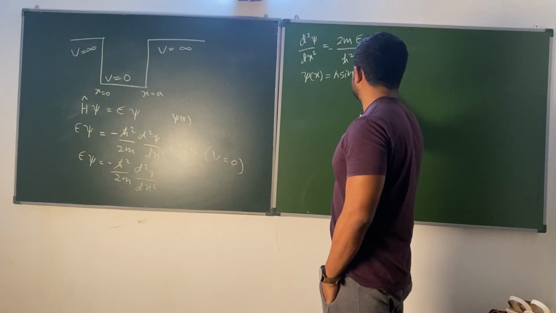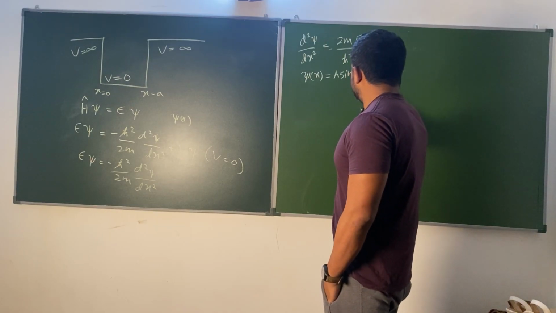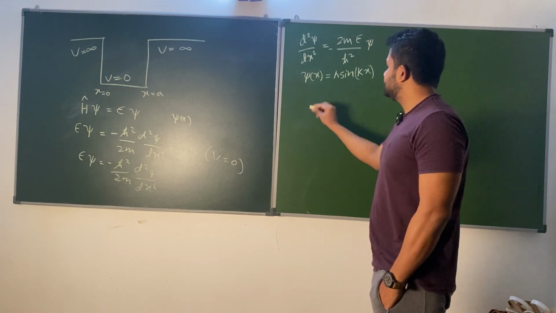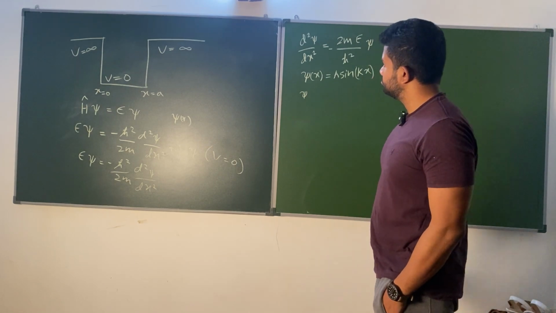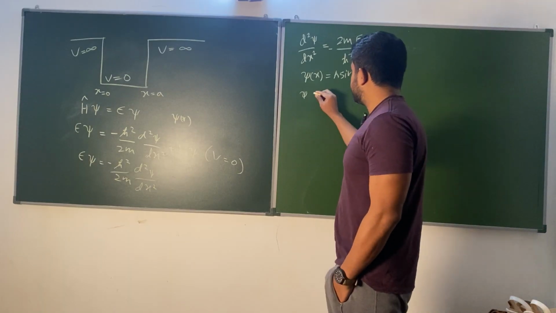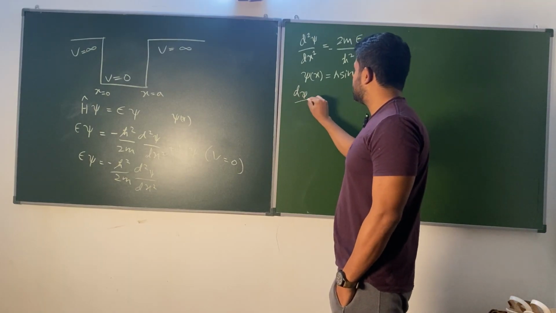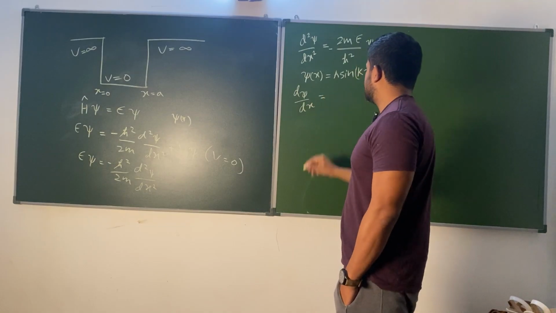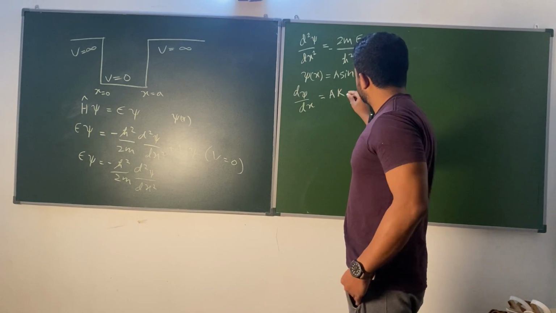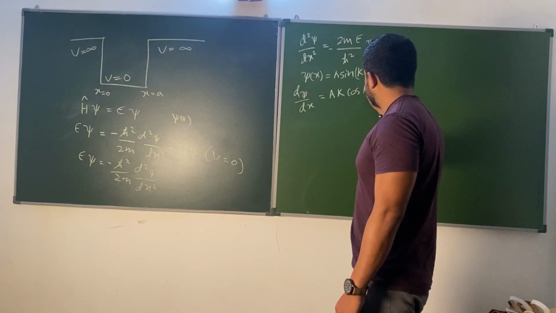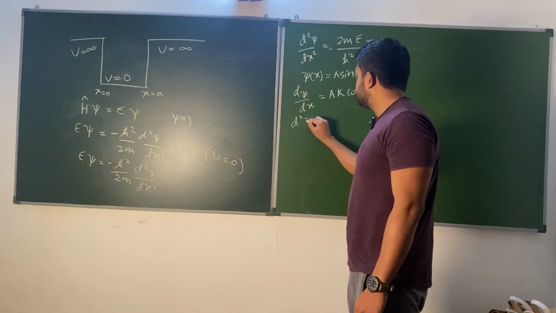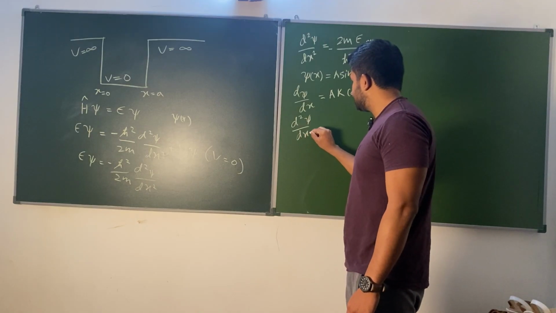kx. I don't know what the k is, but let me take the derivative twice. When I take the first derivative of this one, d over dx, it would definitely look like a k cos kx. Take the derivative again, d squared phi over dx squared.